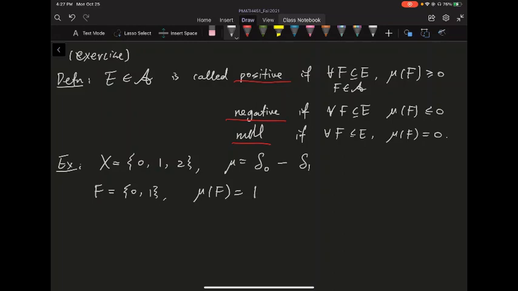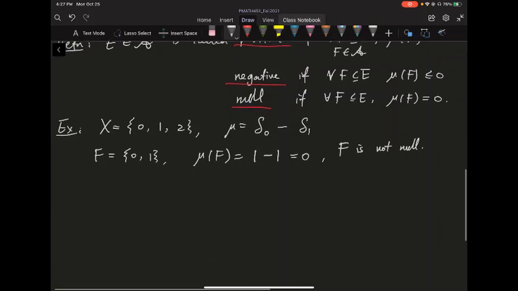But delta 1 of F, where 1 is also in F, gives me negative 1, so it's going to be 0. So F has measure 0, but F contains something positive and something negative that just happens to cancel out. So the measure of F is 0, but its subsets are non-zero, so we don't call this F a null set.